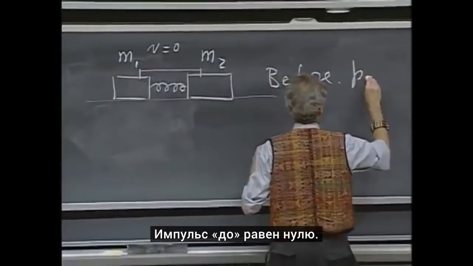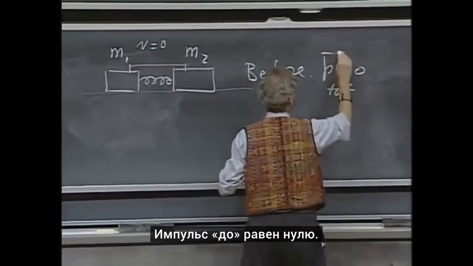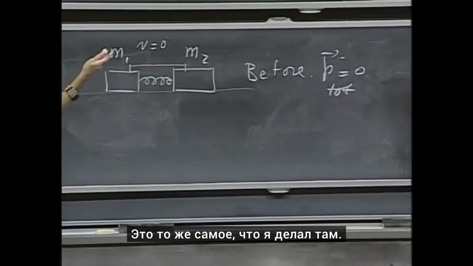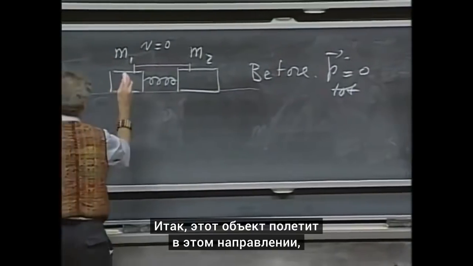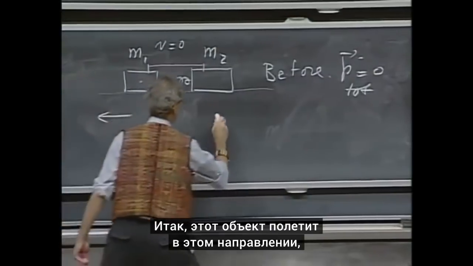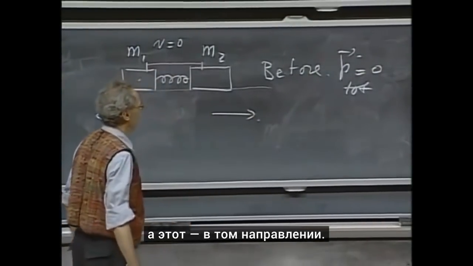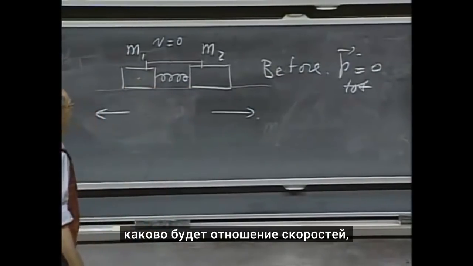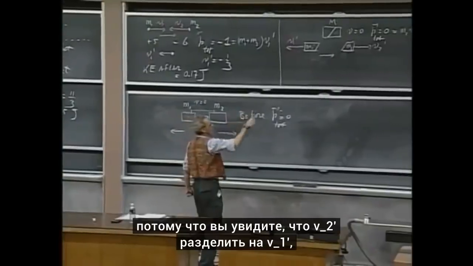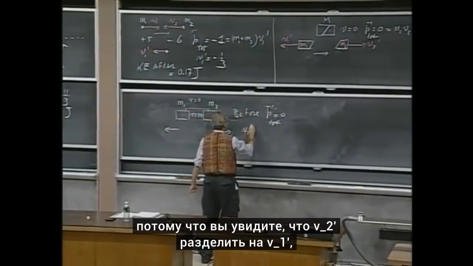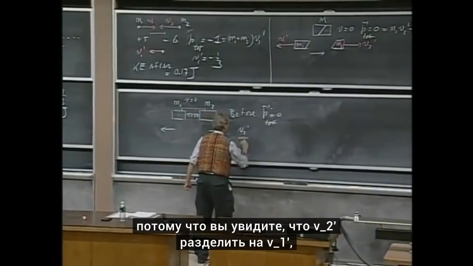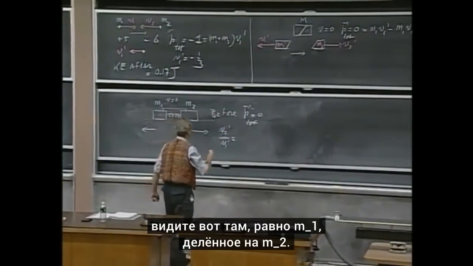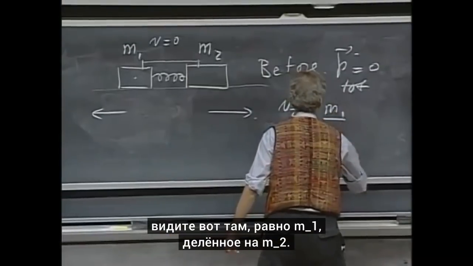Momentum before is 0. Total momentum afterwards will also be 0. It's identical to what I did there. And so this object will fly in this direction, and this object will fly in that direction. You can already tell what the ratio of the velocities will be, because you will see that v2 prime divided by v1 prime equals m1 divided by m2.